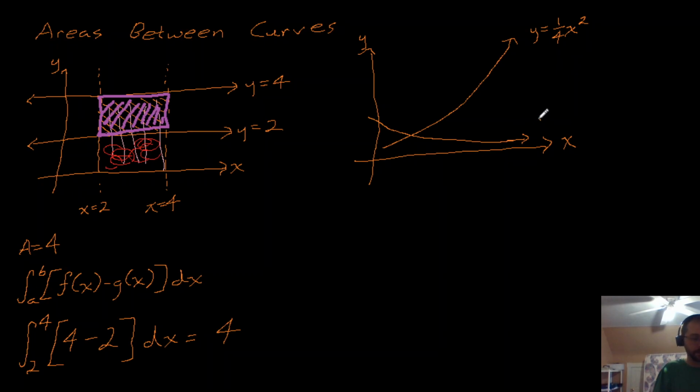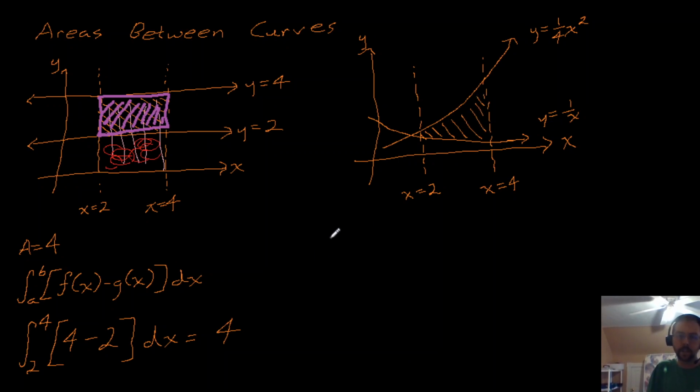And the bottom one I want to be y equals 1 over x. And this time we'll go from x equals 2 to x equals 4. And if we find the area of the upper one to the x-axis and subtract away the area from the lower one to the x-axis, then we will end up with this area in the center, which is what we're trying to find.